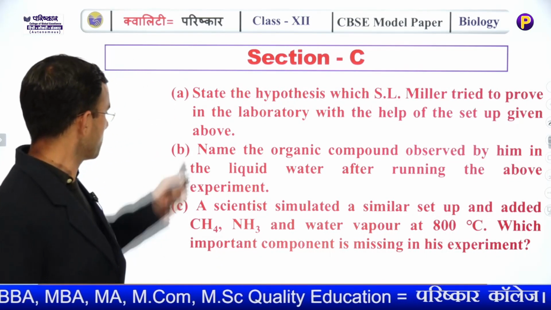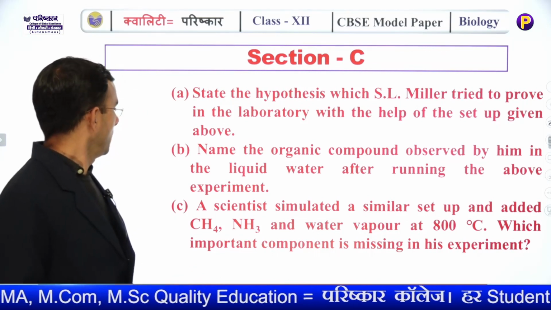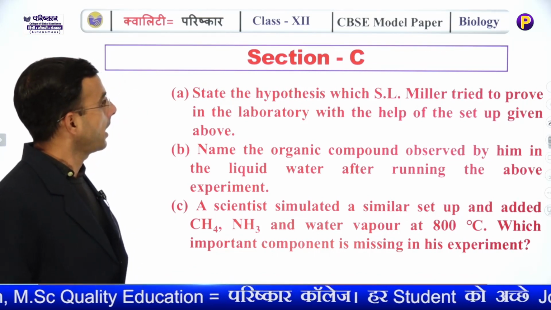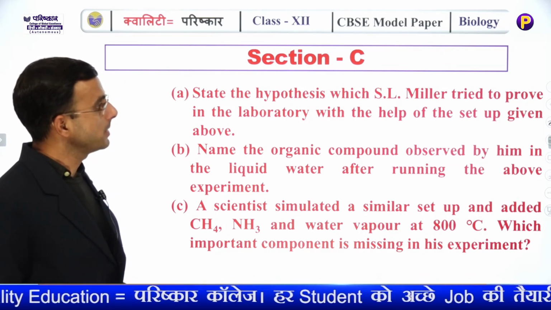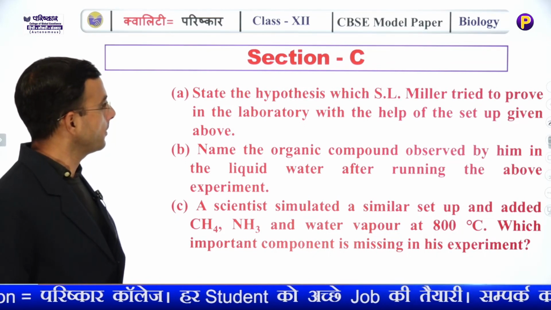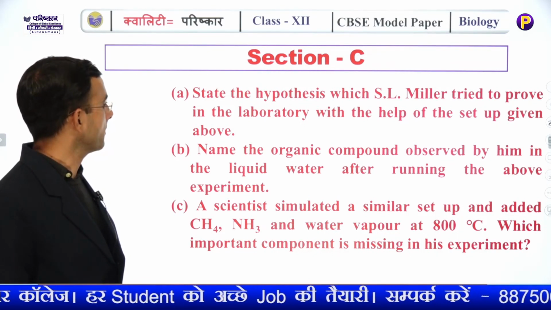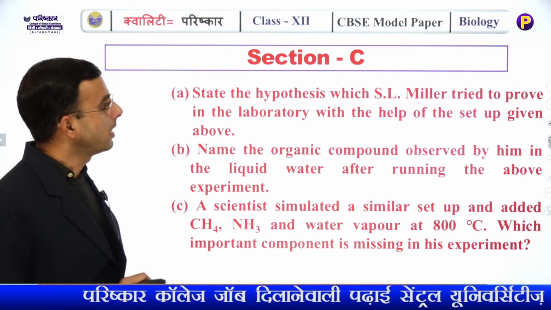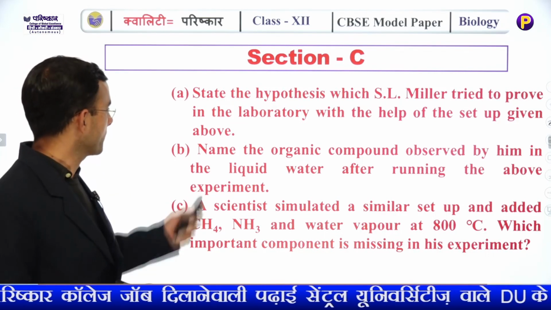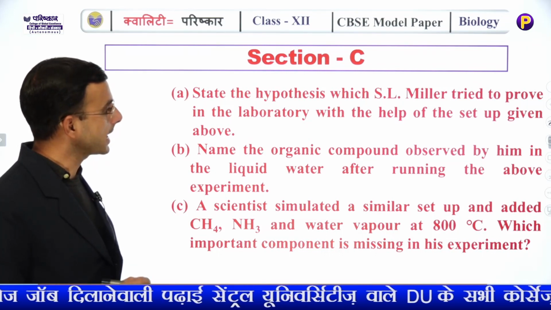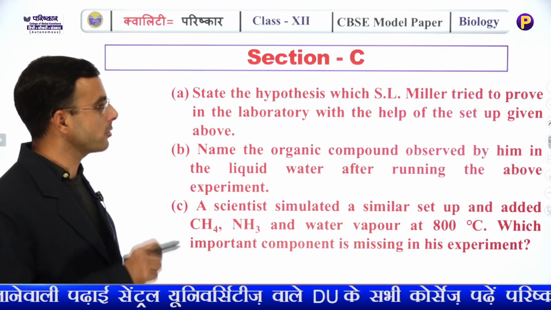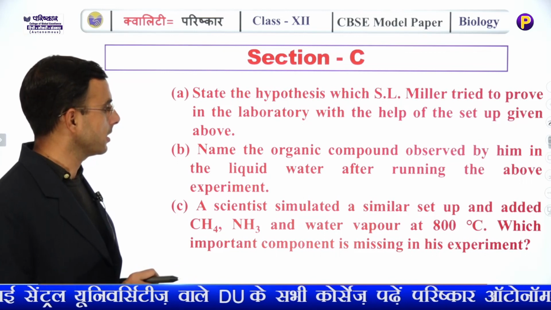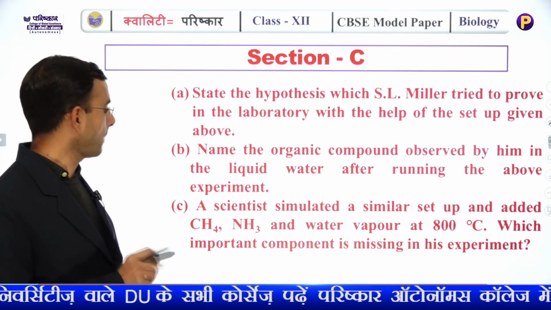In the Miller experiment, there are three questions. State the hypothesis which S.L. Miller tried to prove in the laboratory with the help of the setup given. So what is that setup explaining? Second part is: name the organic compound observed by him in the liquid water after running the above experiment.